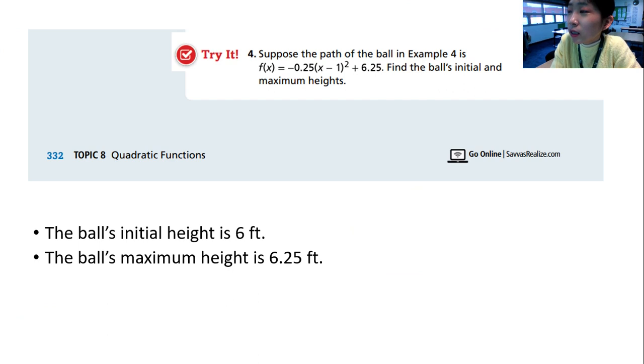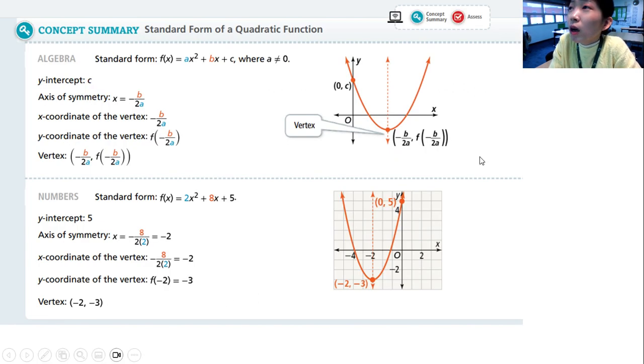So let's summarize our lesson. We learned the standard form of a quadratic function. When you look at the standard form, you can identify the coefficients for the first and second term. A is going to represent the coefficient of the first term. B is going to represent the coefficient of the second term. Using that, you can figure out the axis of symmetry with the equation x equals negative b over 2a.